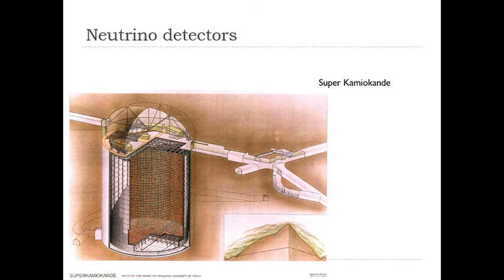So this is the Super Kamiokande observatory in Japan. You can Google it. There is no human here, but I believe it's underground in a mine, and this would be the entrance.